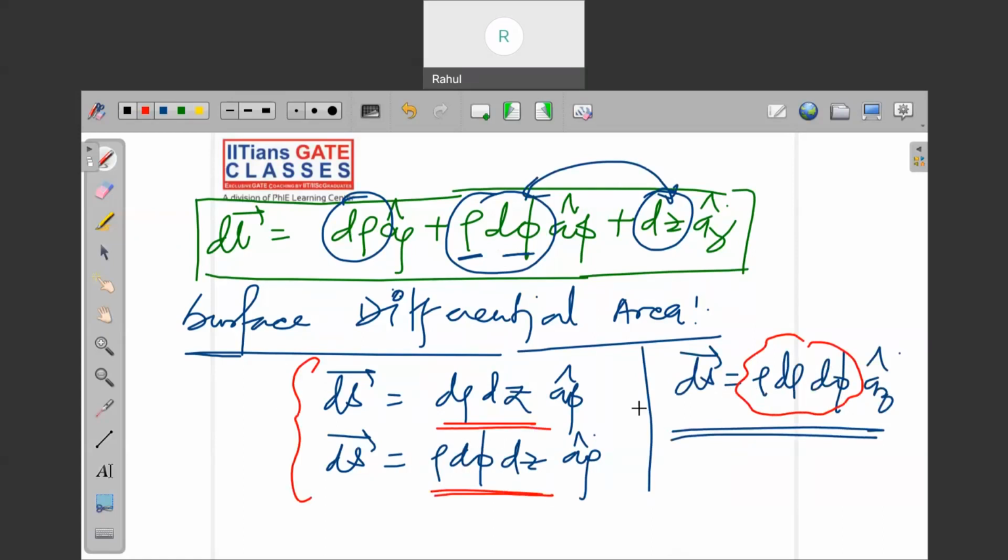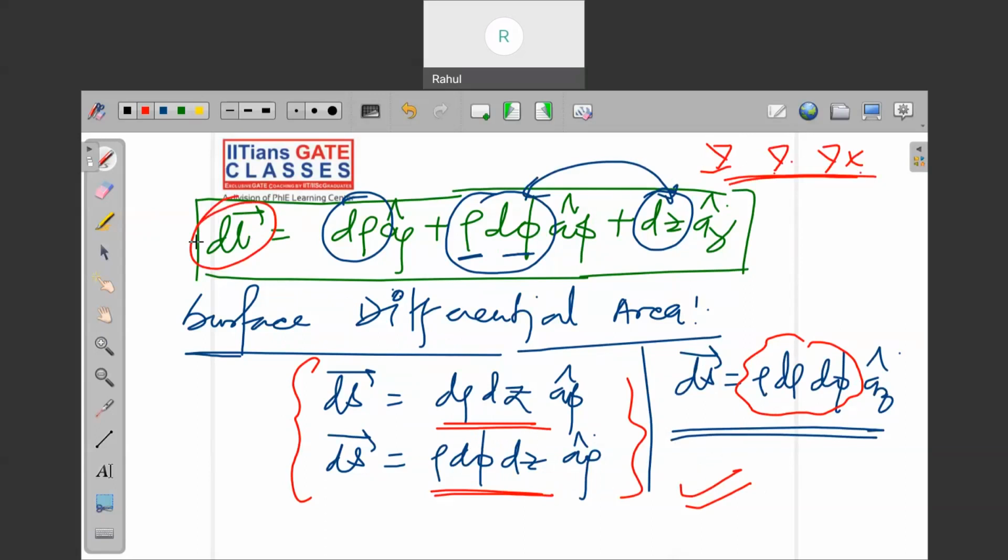Whenever we discuss vector calculus, and the del operators, gradient, divergence and curl, we are going to use this concept of differential length.